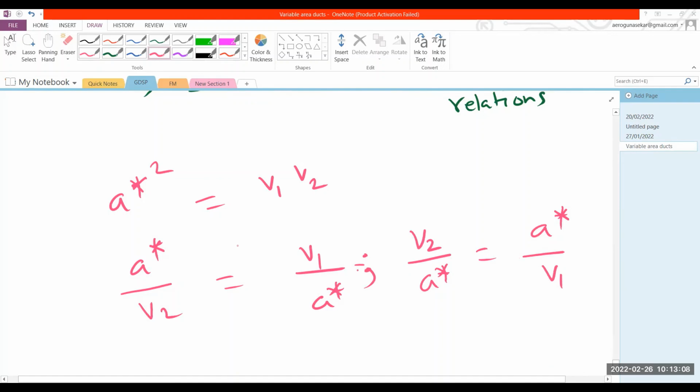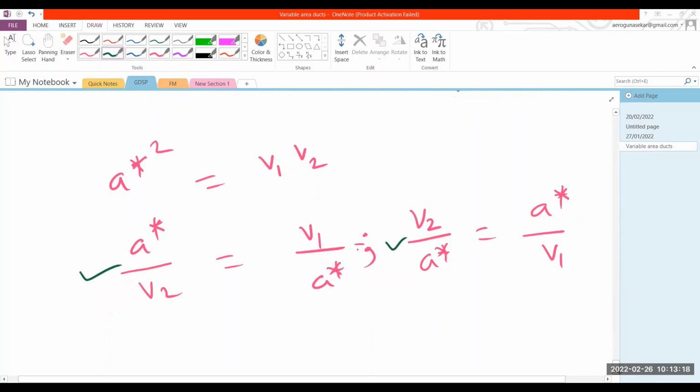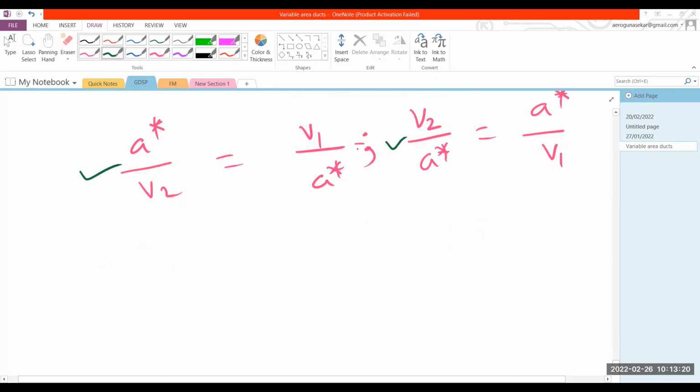We can write either this combination or that one. Both are possible, so I'm just taking the second one. I'm writing it as V2 by A star, nothing but the characteristics Mach number, M star.